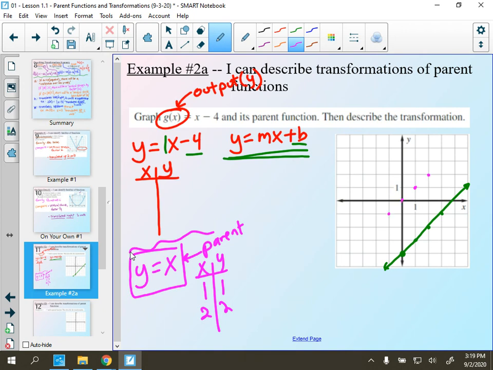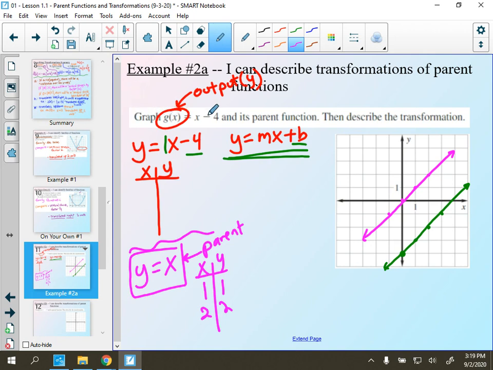So my parent function ends up right here. You could also take the same approach as before and say, you know what, I'm pretty good with this stuff. I realize that there's a 1 for a slope here, and there's a +0 going on back this way. So y equals mx plus b, y equals m, which is 1, x plus 0. I have a y-intercept of 0 with a slope of 1. So there we go. I've done this first one.